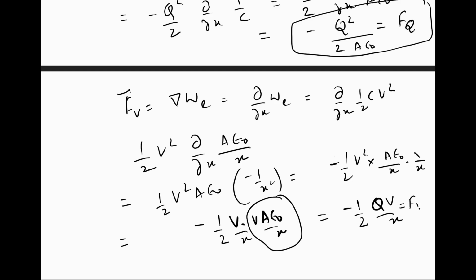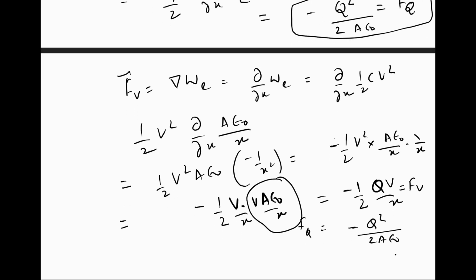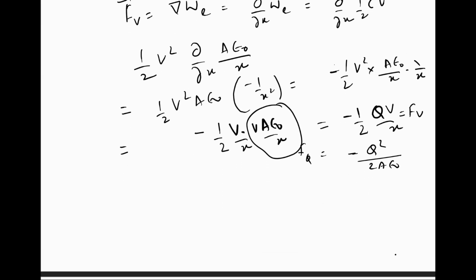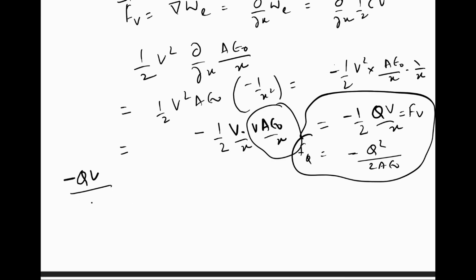Now we have to compare these two. This is FV, and FQ was minus Q square by 2A epsilon naught. Now we have to show that both are equal. How to do that? Minus QV by 2x should be equal to minus Q square by 2A epsilon naught. Let us do that.